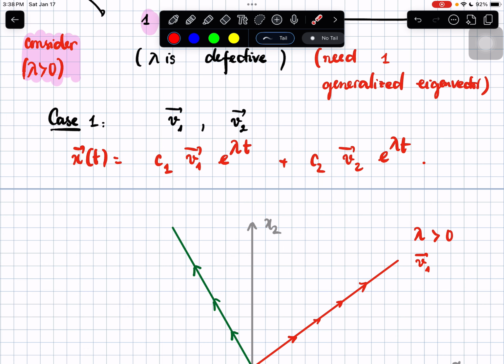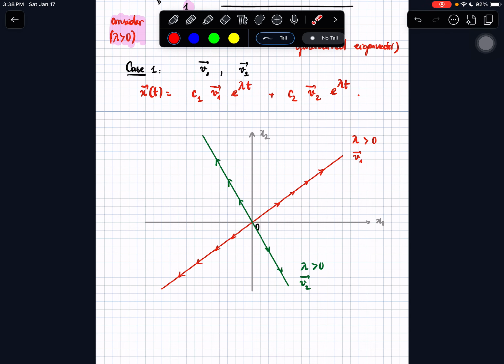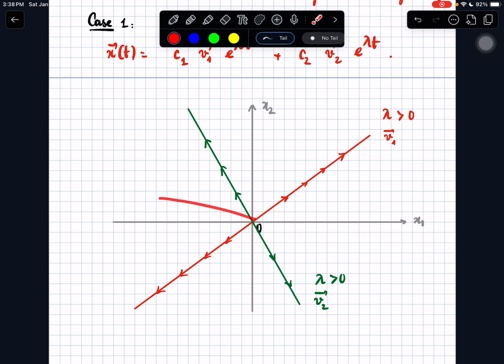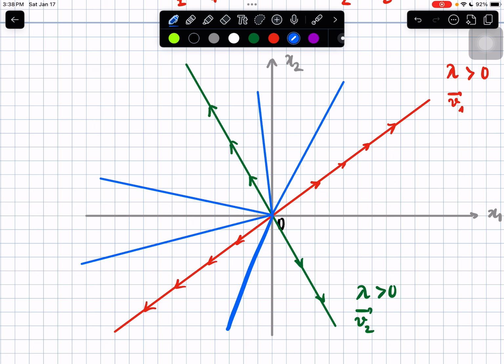Neither of them dominates the other. So any combination of those red and green gives us a vector like that. That's why the other trajectories just go up to infinity from the origin, and we can go in different directions depending on the combination c1, c2. So the general picture should look like this.